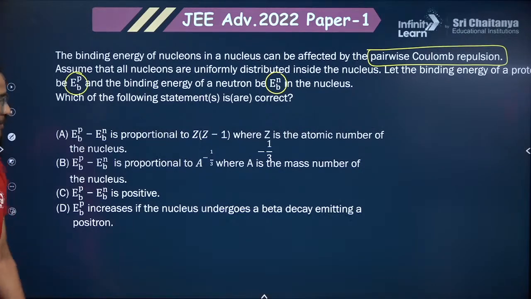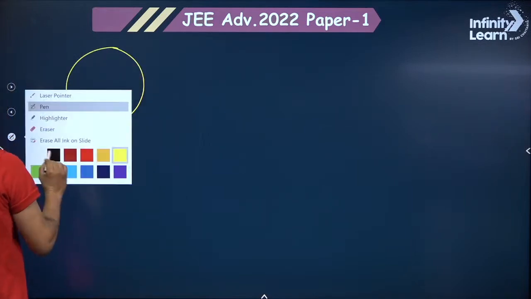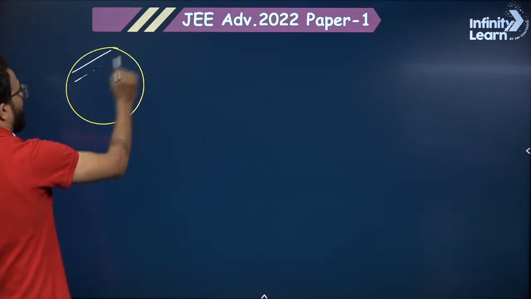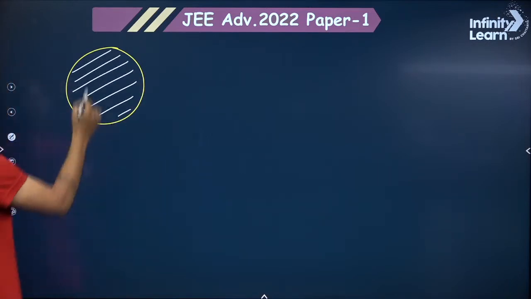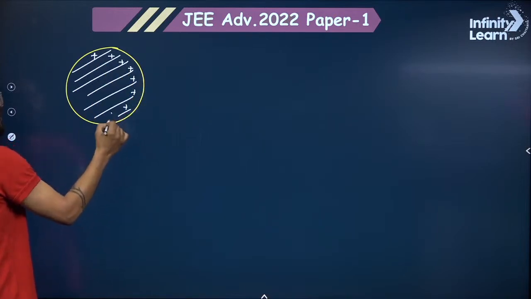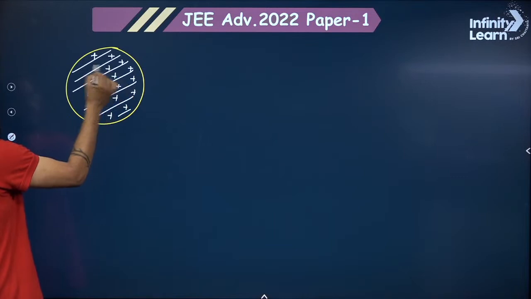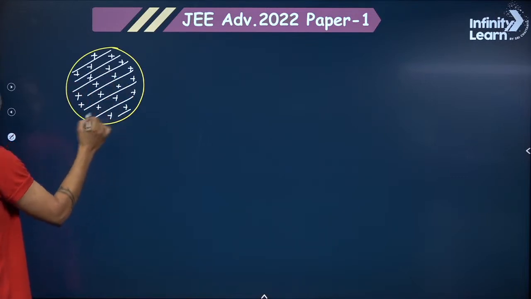Shall we start? See, they are saying that inside the nucleus the charge is uniformly distributed. So if all the positive charge, that means the protons, are uniformly distributed, then it will act just like a uniformly charged sphere.